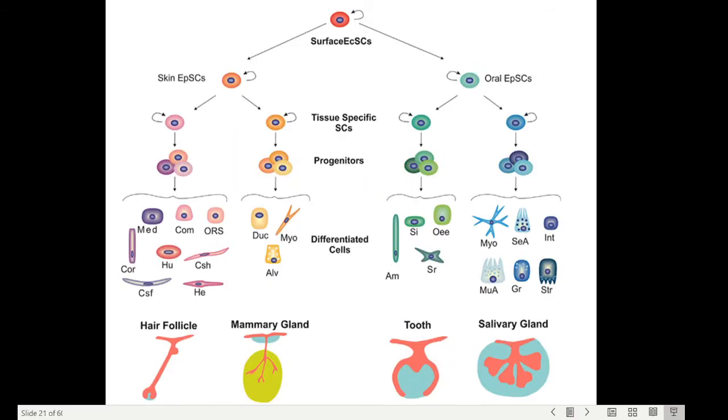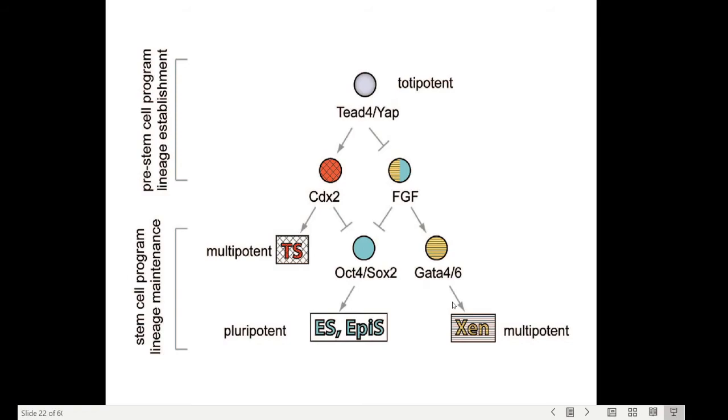This is another example, because various tissues, the skin, oral tissues are crossing many stages: surface stage, tissue specification, progenitor stage, and differentiated cells. These differentiated cells form the various parts of the body.